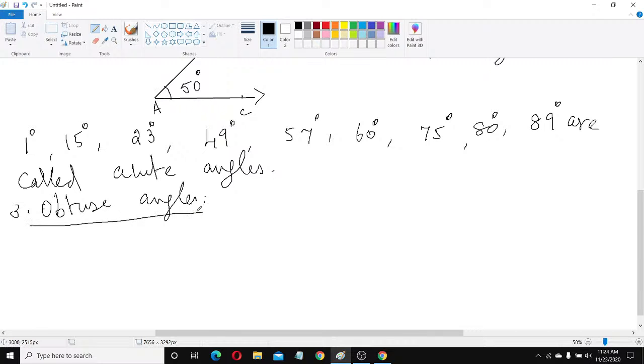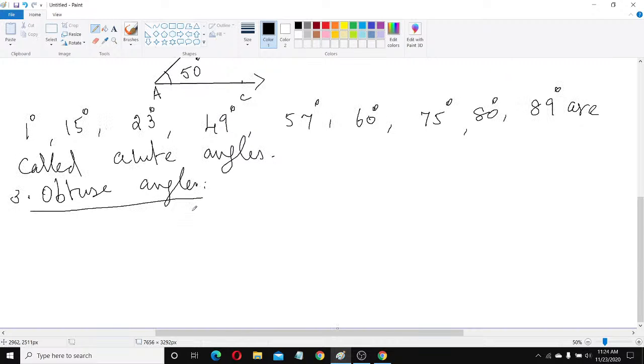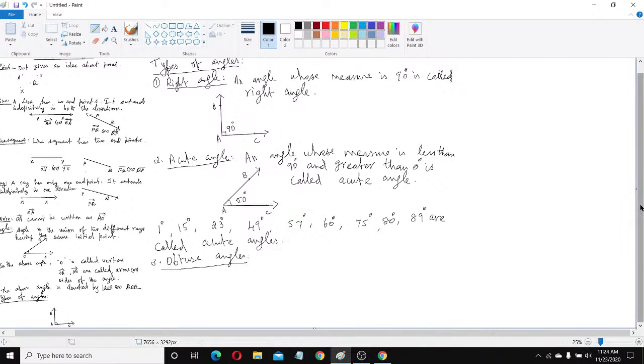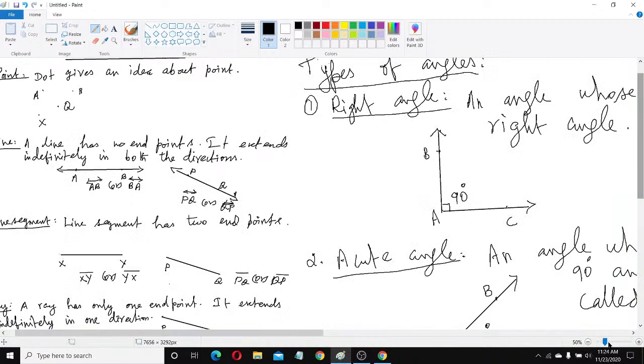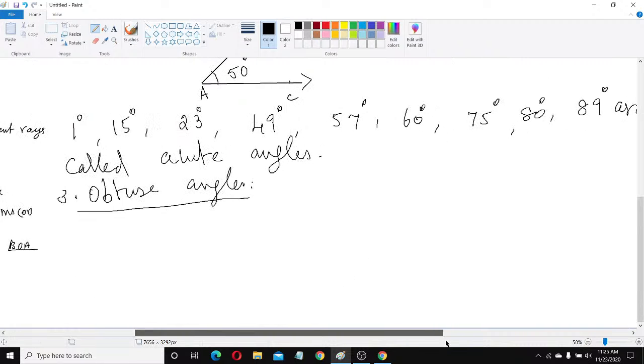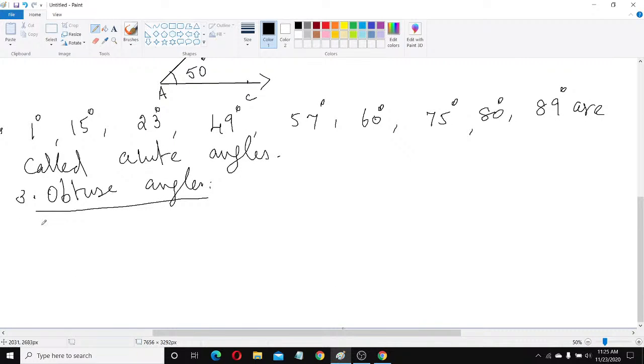Obtuse angle. First I will draw the figure.